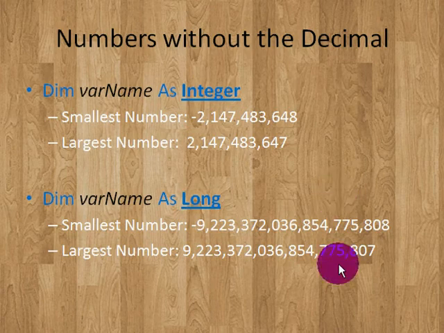To the positive 9 quintillion, 223 quadrillion, 372 trillion, 36 billion, 854,775,807. That is an extraordinarily long number. A very, very big range. And more than likely, you're not going to end up using long very often when you're starting out in VB.